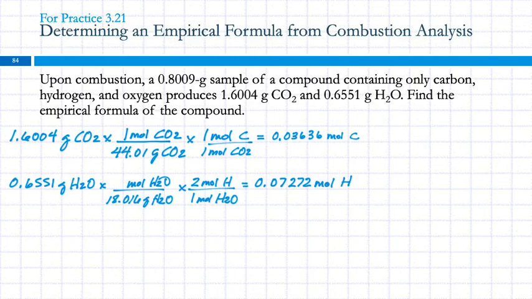To do that, I have to find the mass of carbon. I had the moles of carbon, so I have to convert this to grams of carbon. 0.03636. Those are just kind of fun numbers, aren't they? This is 0.4367 grams of carbon.